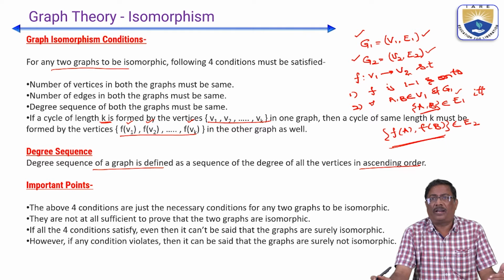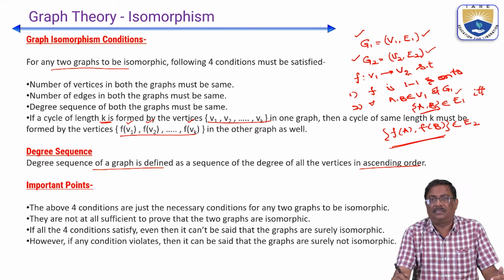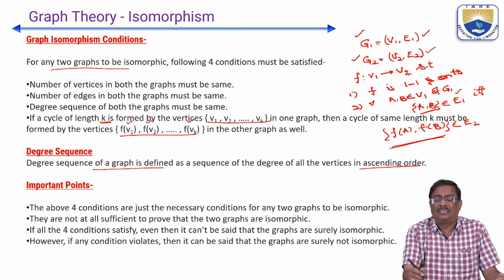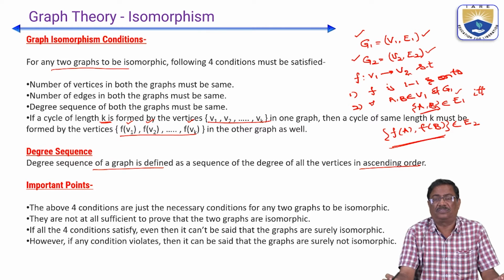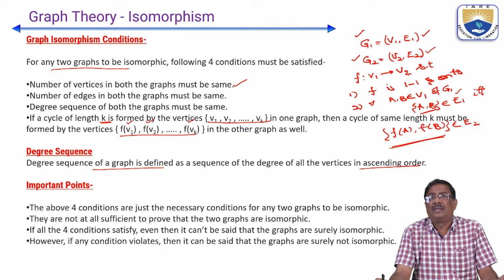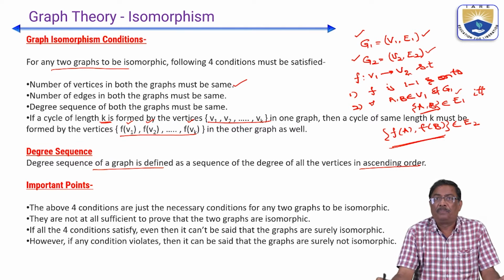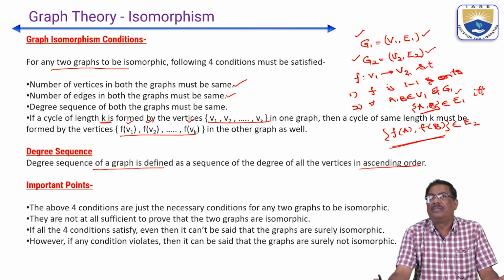Not only these four; apart from these conditions there are some more conditions that satisfy isomorphism, which we will discuss in the next session. To recap: the number of vertices must be the same in both graphs, the number of edges must be the same, the degree sequence must be the same, and any cycle of length k formed by the vertices v1, v2 and so on up to vk in one graph must exist in the other.